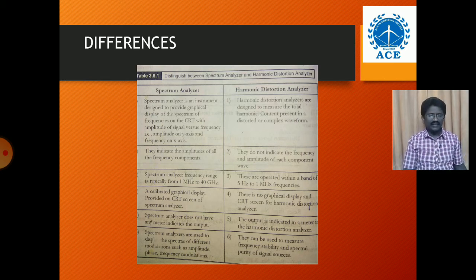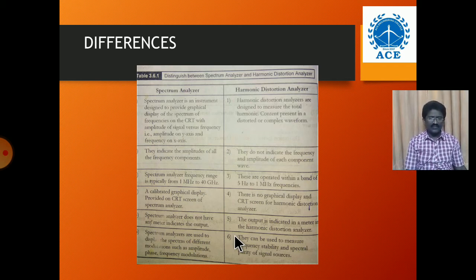With the help of a harmonic distortion analyzer we can measure fundamental frequency values. These are the differences between a spectrum analyzer and a harmonic distortion analyzer.